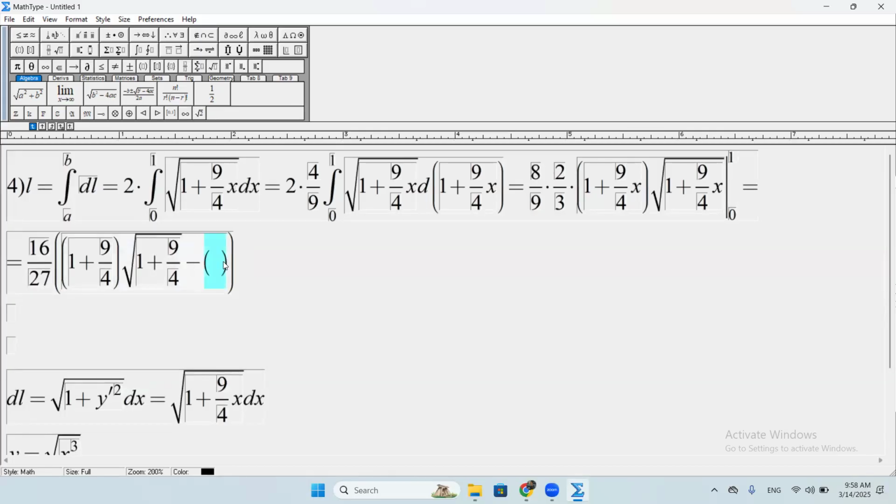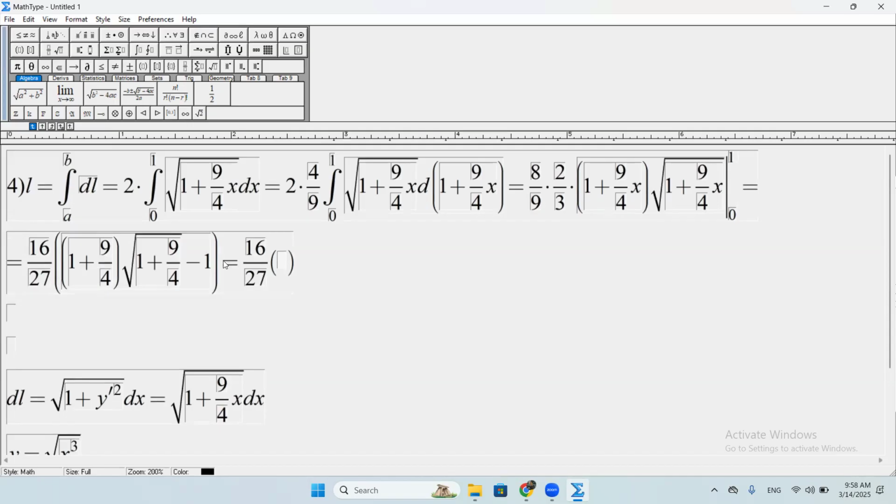And here we substitute 0, just 1. So we have 16 over 27 and here the following expression.